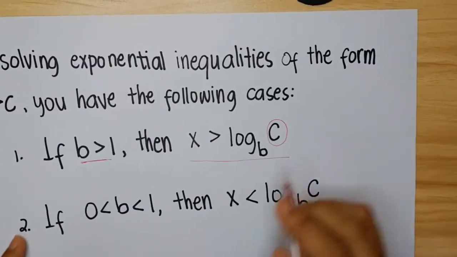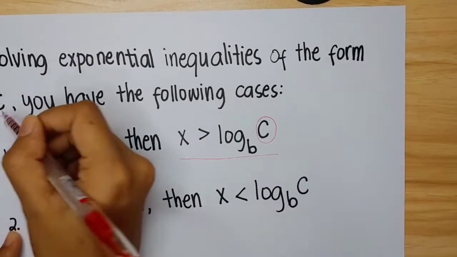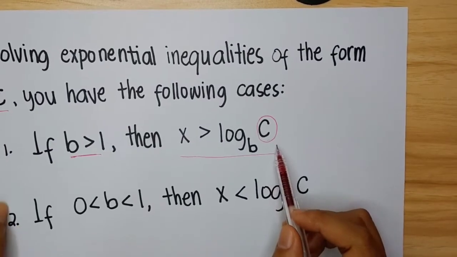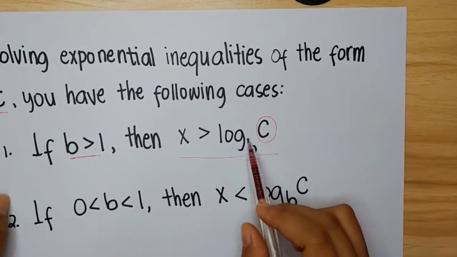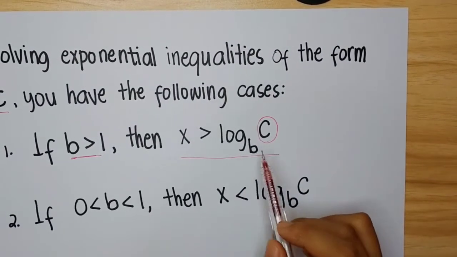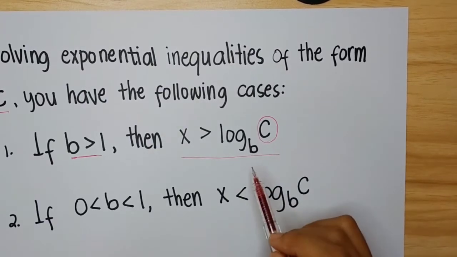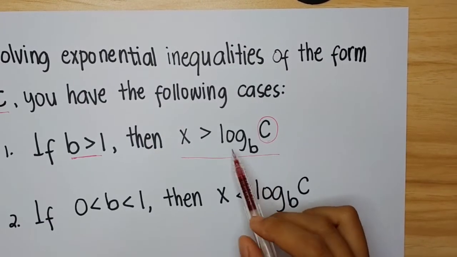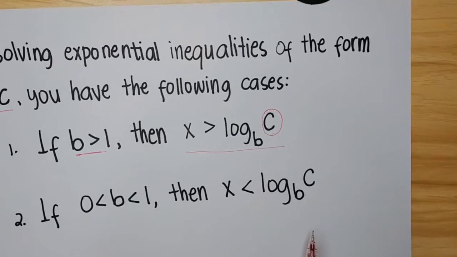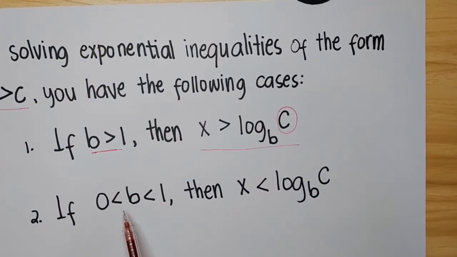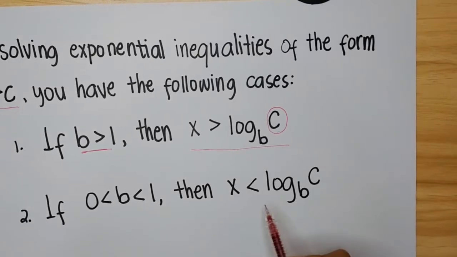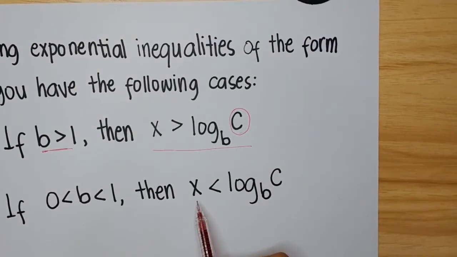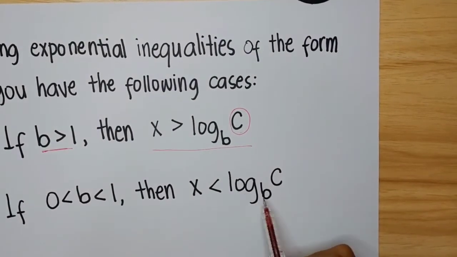So, dito yung c, tsaka yung b, yan yung magiging base ng log natin, o log function, logarithmic form natin. Okay. But, if ang b natin is greater than 0 but less than 1, so we can have fractions, then, our x is less than log c to the base b.